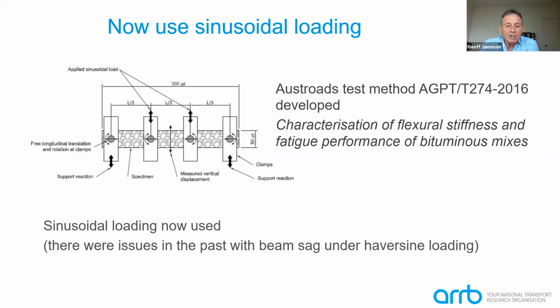And there were complications in terms of assessing what the state of the asphalt was, what the strains being applied in the test were. So we've now shifted to sinusoidal loading to overcome the beam sag issue.